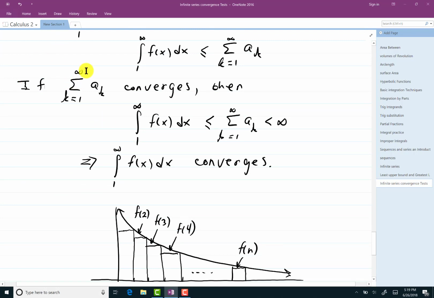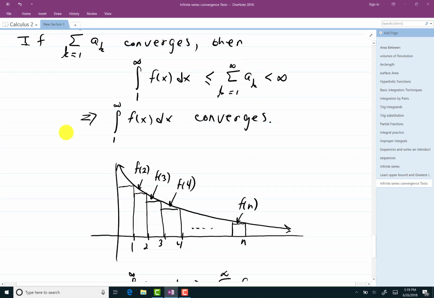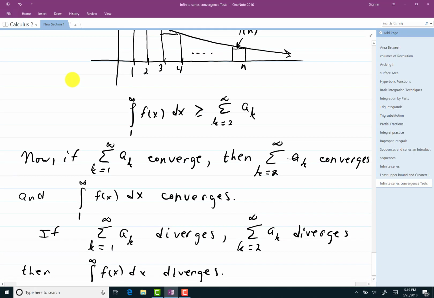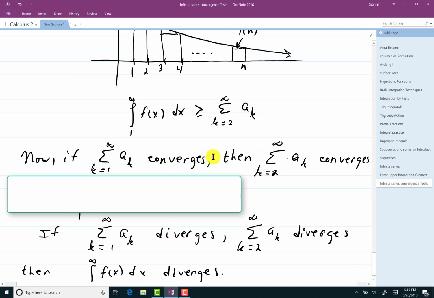If the series converges, I got the integral to converge. Because of this, if the series diverges, then the integral diverges.